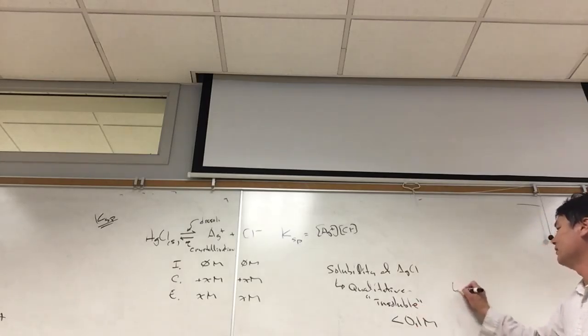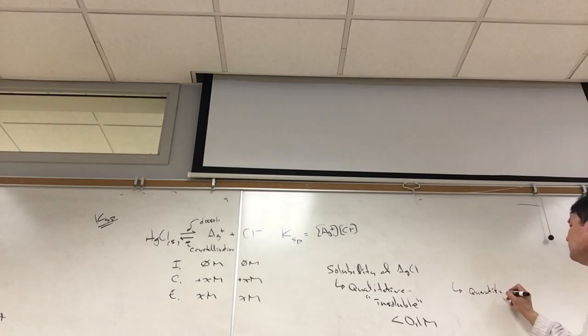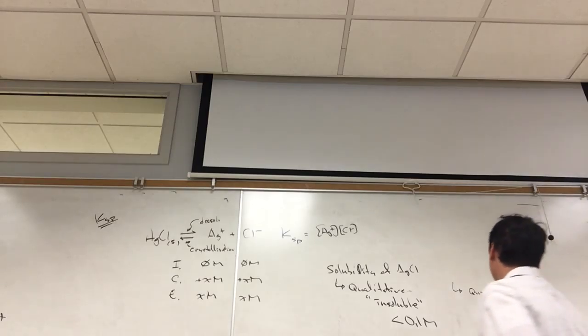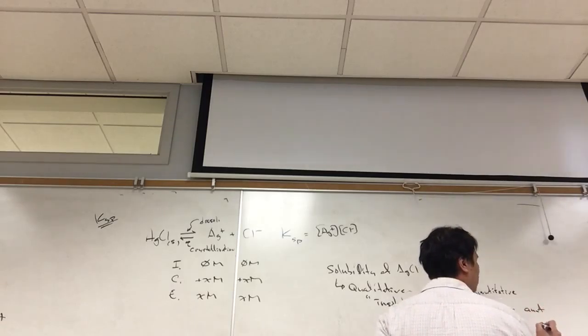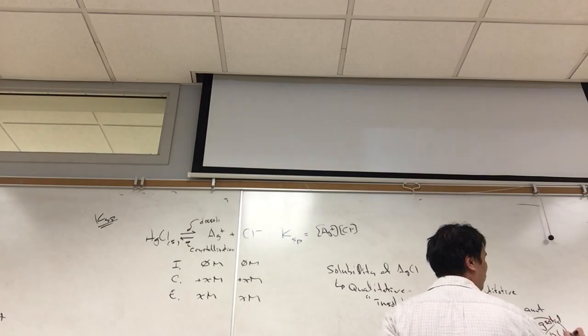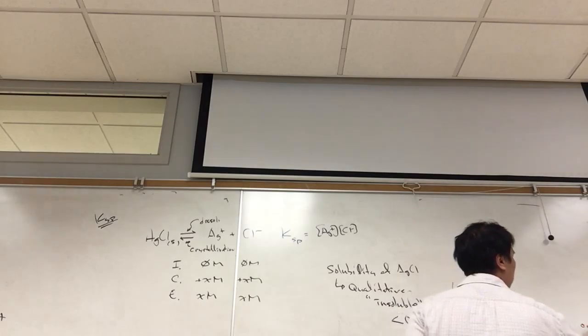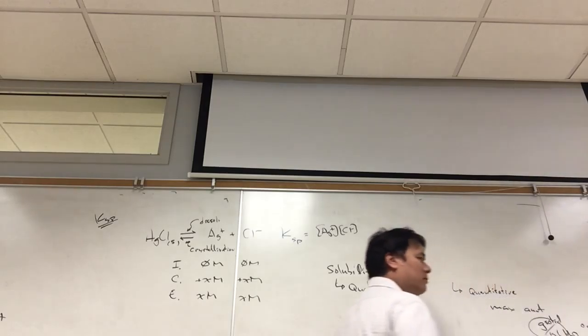When we look at it quantitatively, we want to know the max amount that dissolves. And the max amount is going to be given in 2 typical units: grams of solid per milliliter of water, or molar solubility. You know, how many moles?